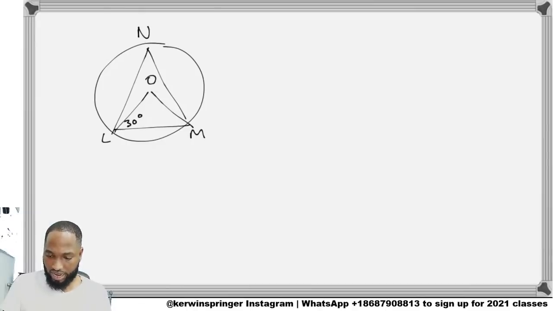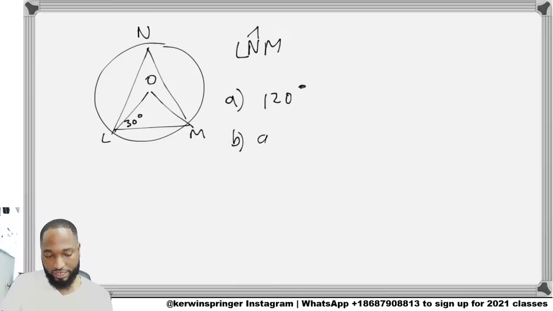It says O is the center, not drawn to scale. What's the value of L N M? So yeah, this is a question that can come for CXE very easily. Normally it's a little easier than this, they actually give you the angle right there in the middle.